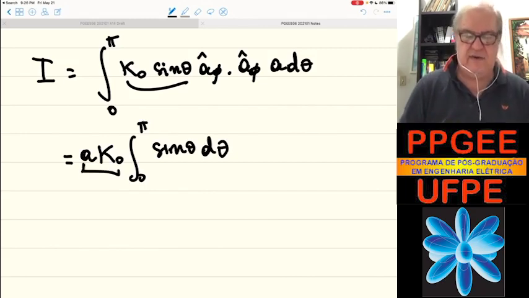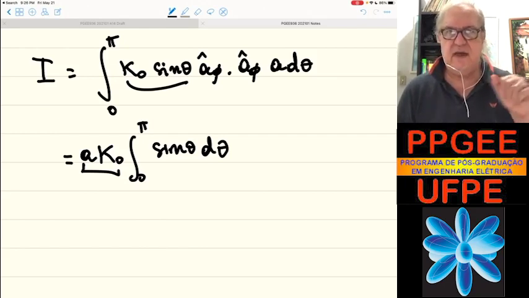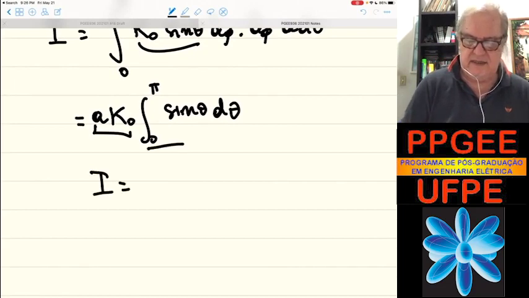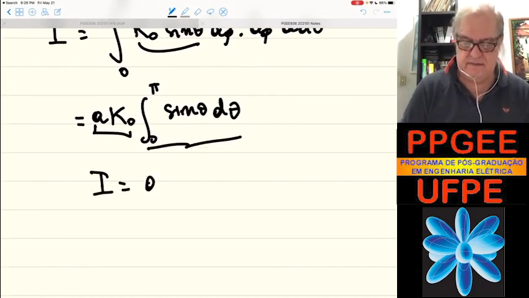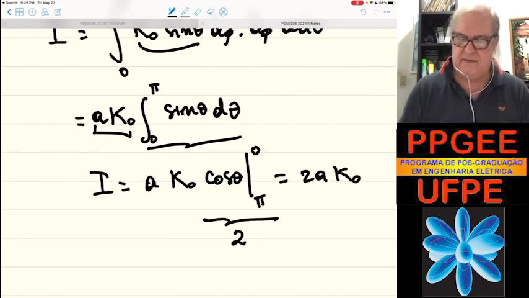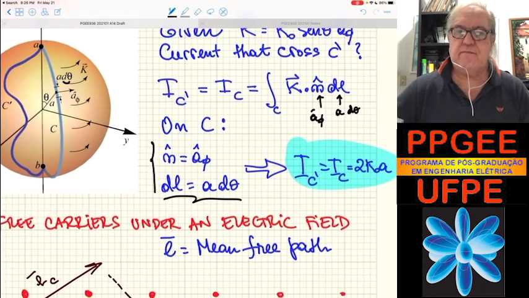So here we have a in meters, K0 in amperes per meter, so we have amps. So I equals, and this is going to be minus cosine, so I'm going to invert the limits. This gives 2, so 2a K0 in this example. That's the result right here.